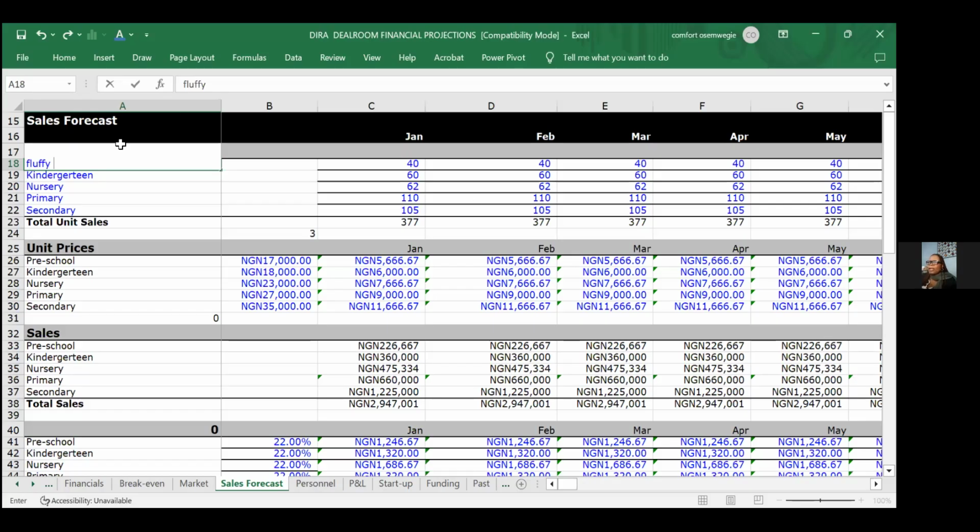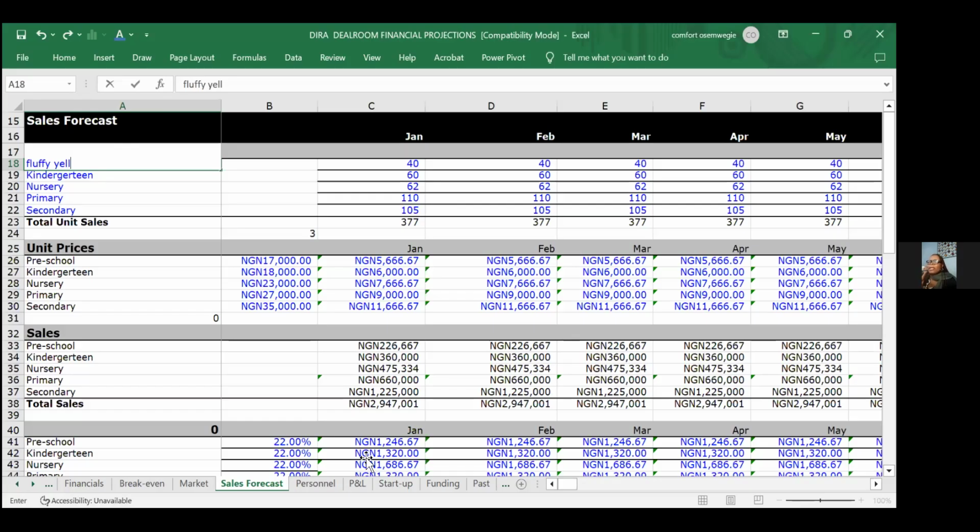By the way, you can increase this, and just remember, it is only the blue ones that you should actually be touching. Don't touch anyone that is black.